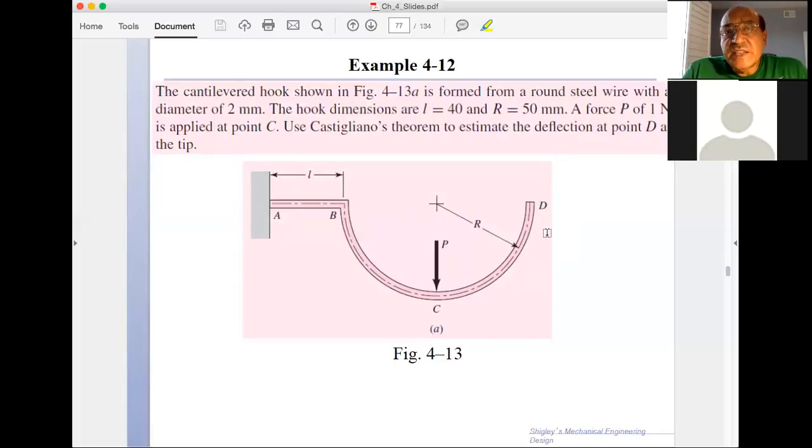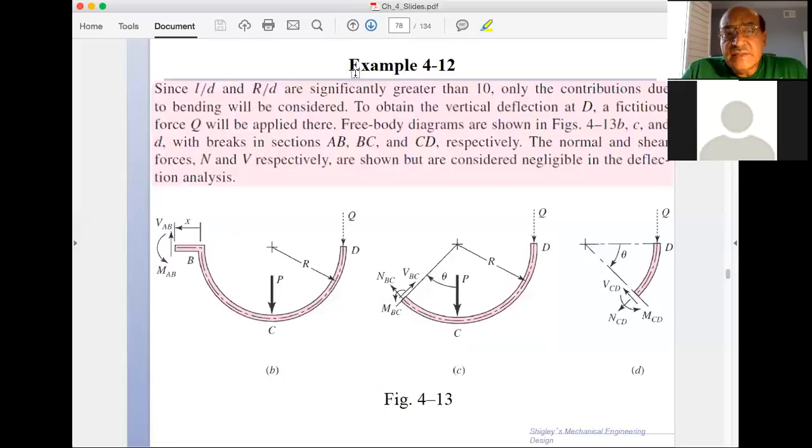So what we do is we introduce a fictitious force, Q, that we think is extremely small. We do all the math with this applied force Q plus the P. And then when we do the integrals, we set Q equal to 0 inside the integrals and find the deflection. So that's the idea. So let's go through that.